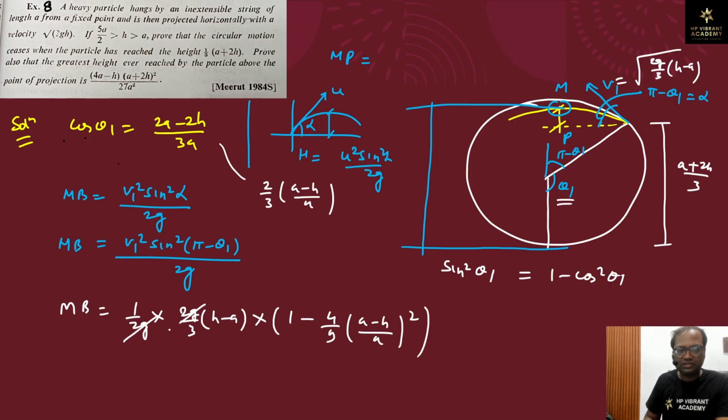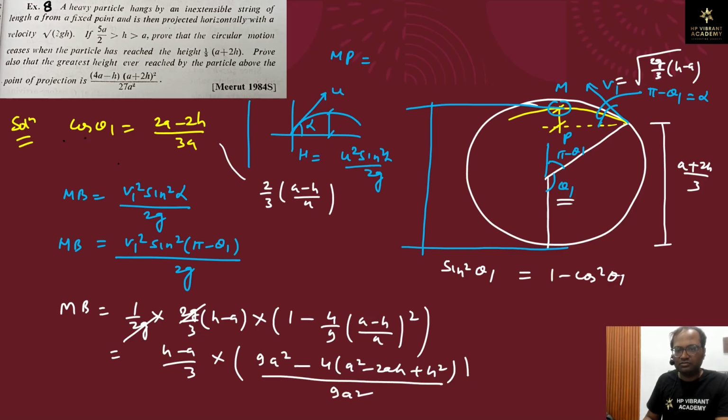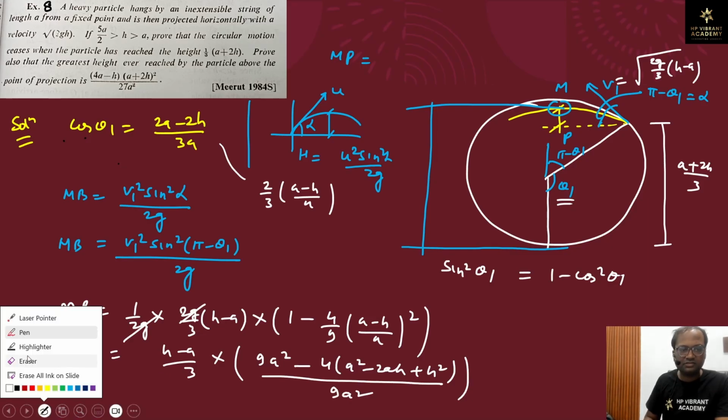Okay, so this gets cancelled. So we have (h minus a) upon 3 into 9a square minus 4 times (a square minus 2ah plus h square) upon 9a square. Let us further simplify this.